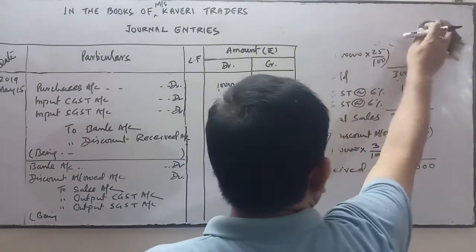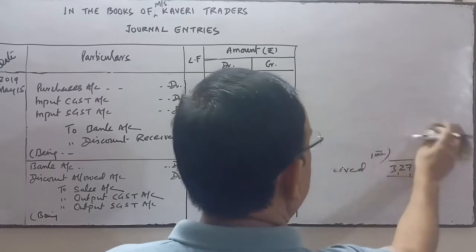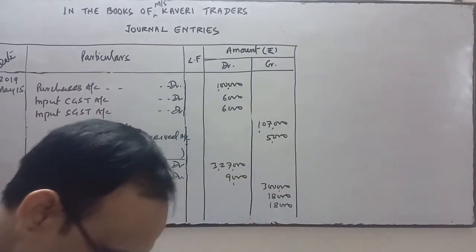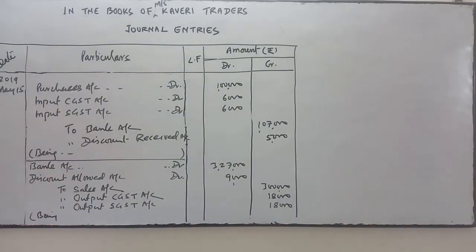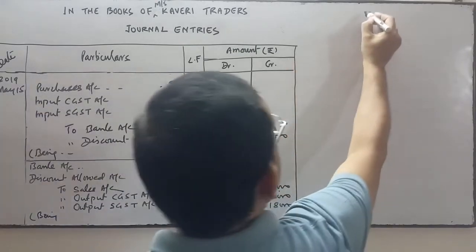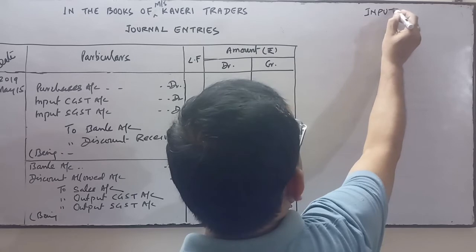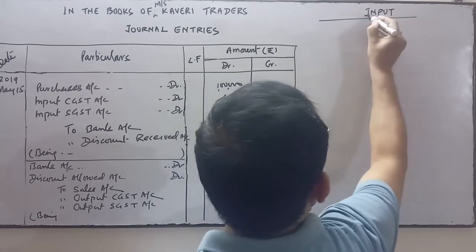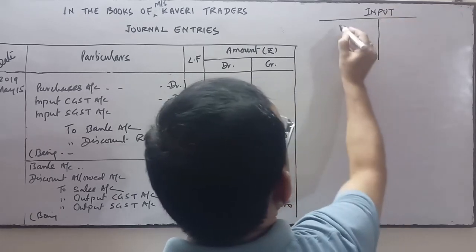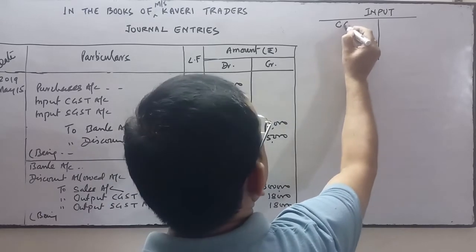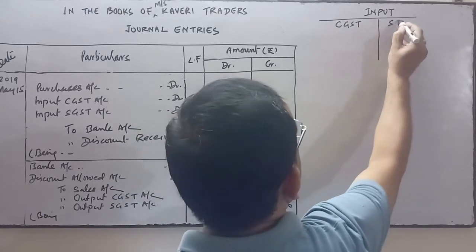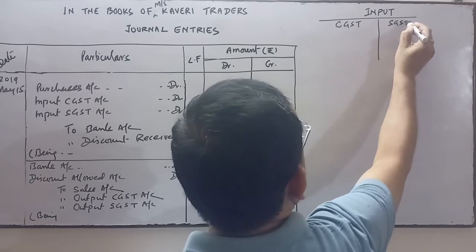Now I have to make a record of my input CGST and SGST.